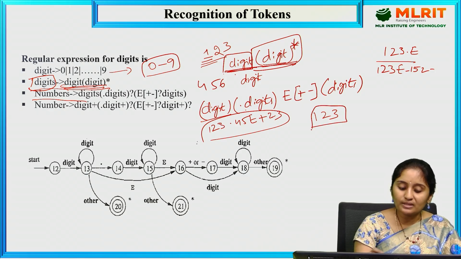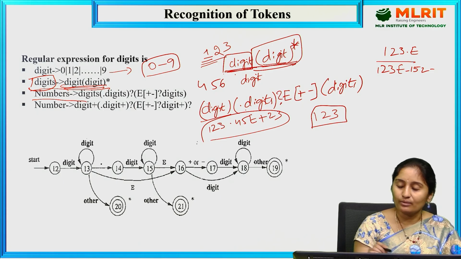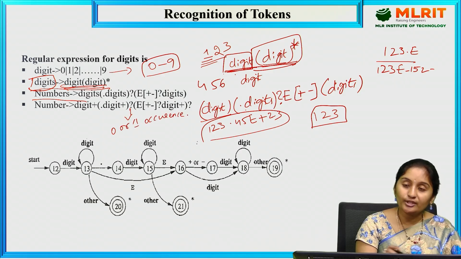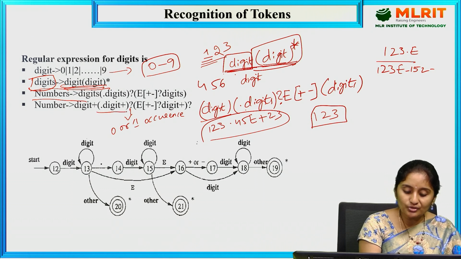Here star is used, and question mark is used. The question mark points to 0 or 1 occurrences, which means I can use this or not.